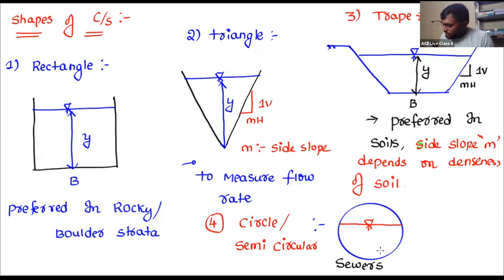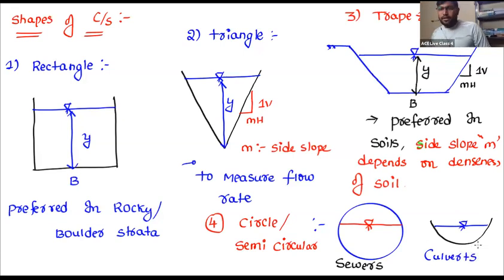Else you can go for the semicircle. This is a semicircle, and generally we use this in the case of culverts. So we prefer circular open channel flow pipes for sewers, and the other one is culverts.